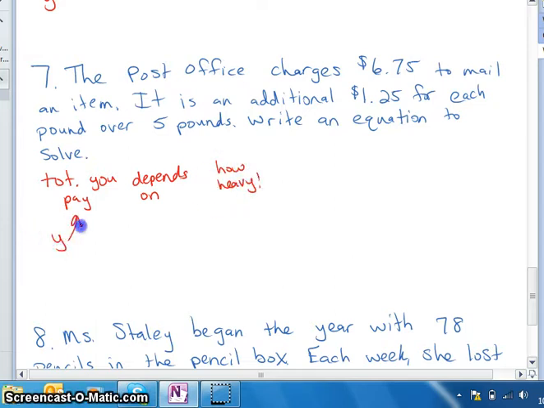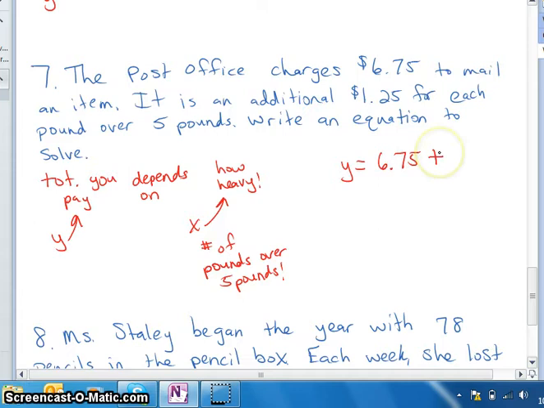So y, the total that you're paying, depends on how heavy, or maybe we can say the number of pounds. Over 5 pounds, right? Because if it's under 5 pounds, I just have to pay $6.75. So my total is going to be, I got to pay $6.75 plus I have to pay $1.25 for every pound over 5 pounds.